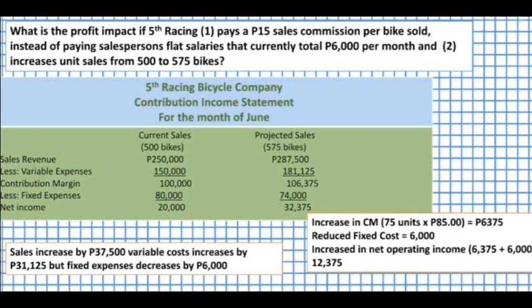The next problem is, what is the profit impact if Fifth Racing first pays a 15 sales commission per bike sold instead of paying salespersons flat salaries that currently total 6,000 per month, and second increases unit sales from 500 to 575 bikes?